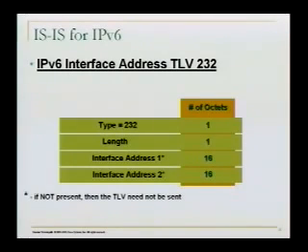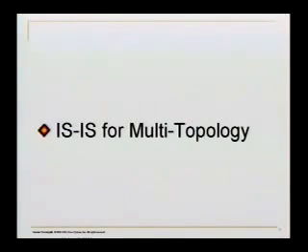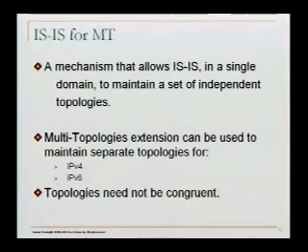But with multi-topology, which is a new IETF draft, ISIS in a single domain can maintain a set of independent topologies. So I was alluding to the fact that you can have separate IPv4 and IPv6 topologies, and they do not have to be congruent.